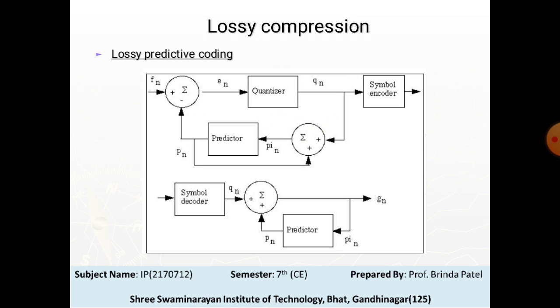This happens in a closed loop with the predictor to restrict the errors. So the predictor does not use e_n but rather q_n, because it is known by both the encoder and the decoder.